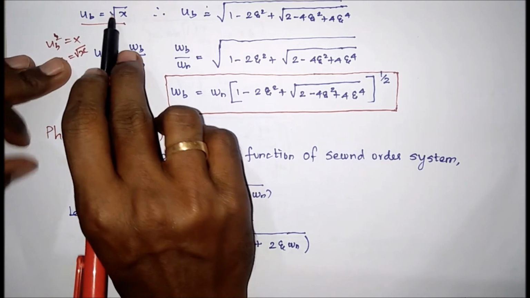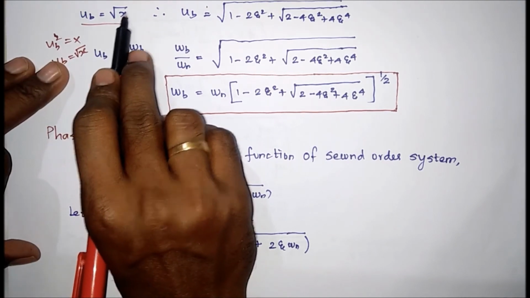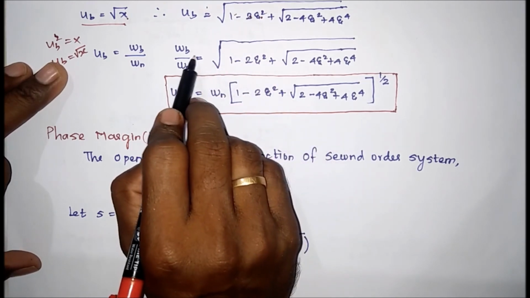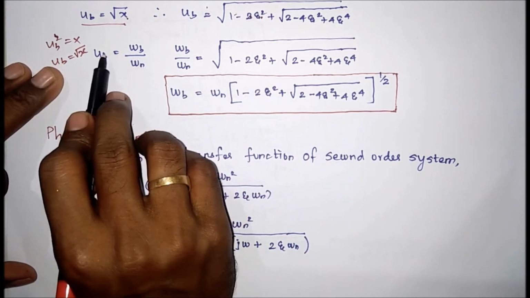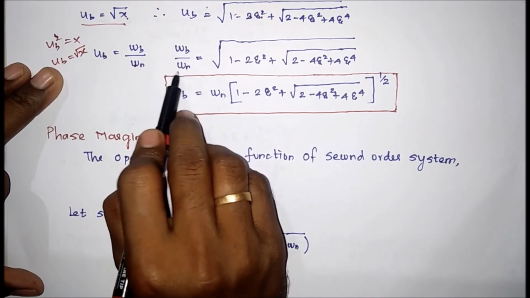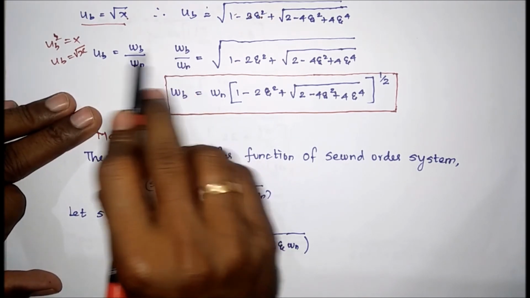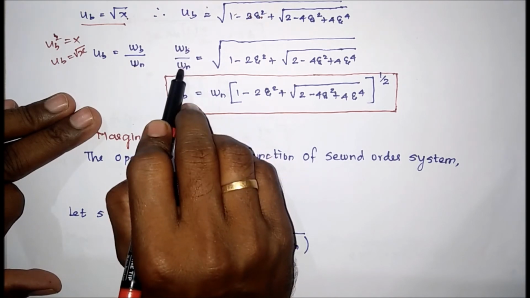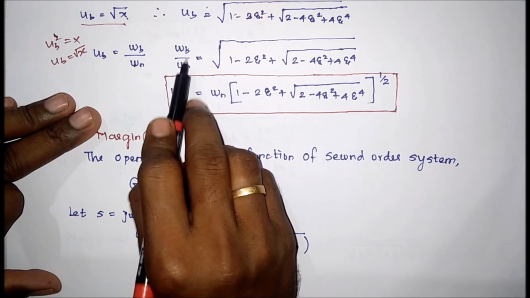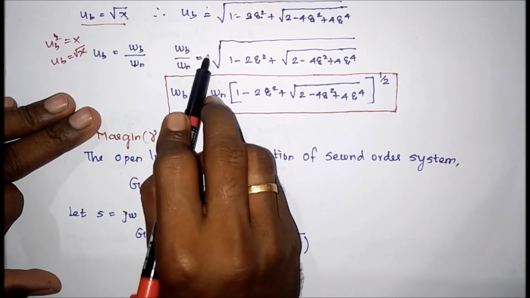Therefore just now we derived x, so we have to substitute the x value. Square root of x is this, so therefore ub, we already know ub equal to omega b divided by omega n. Therefore omega b divided by omega n equal to this entire term. So now we have to multiply this omega into here.